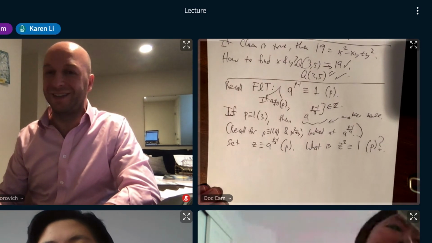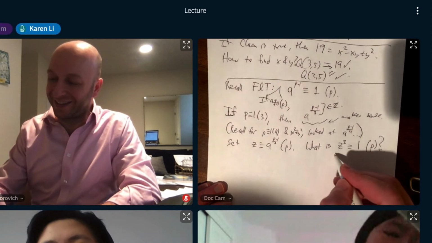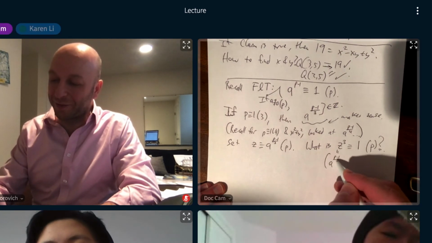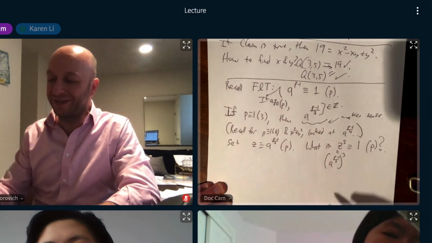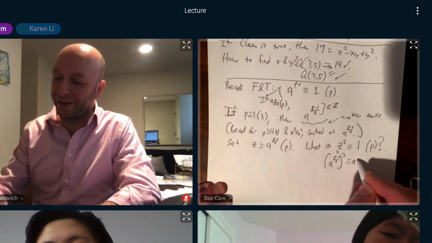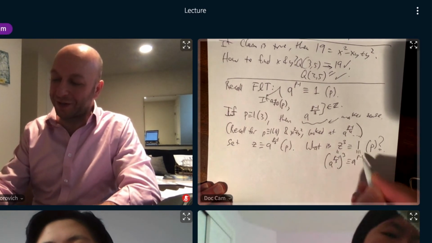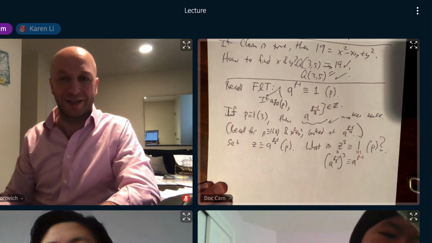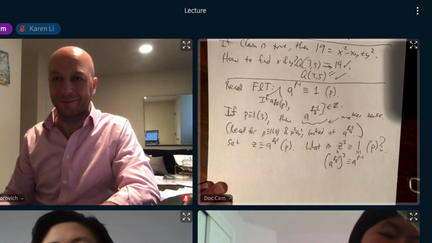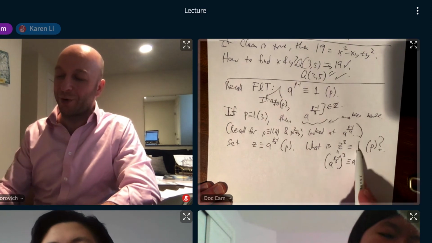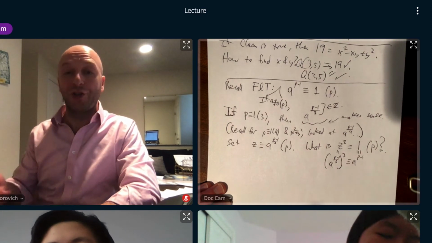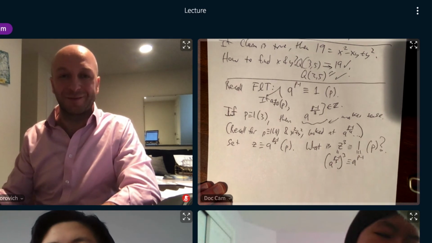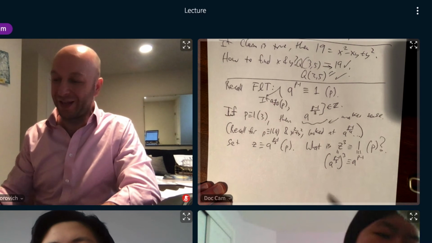Go on. Just take the 3 out of the denominator of the exponent. Exactly. z is a to the p minus 1 over 3, cubed. So this is a to the p minus 1, which we just said was 1. Exactly as Karen said. Everybody see that? So wait a second, this is a number whose cube is 1. It's a modular number that behaves like omega, like this cube root of unity.